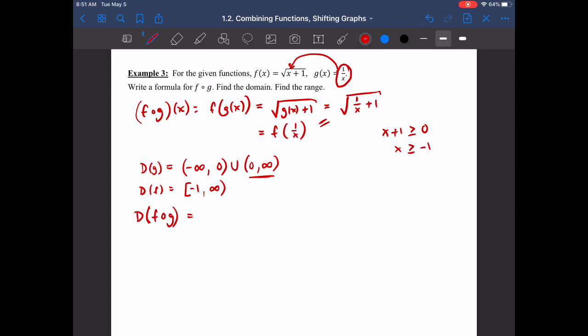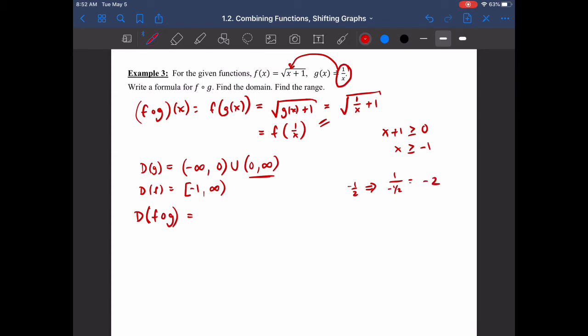On the negative side, we need to know what numbers are going to give us numbers greater than negative 1. Well, if you plug in something that's between 0 and negative 1, say negative 1/2, you get 1 over negative 1/2, which is negative 2.